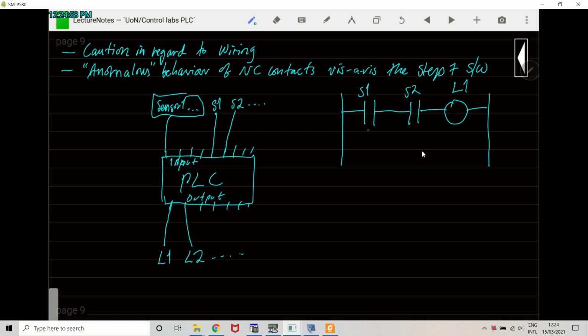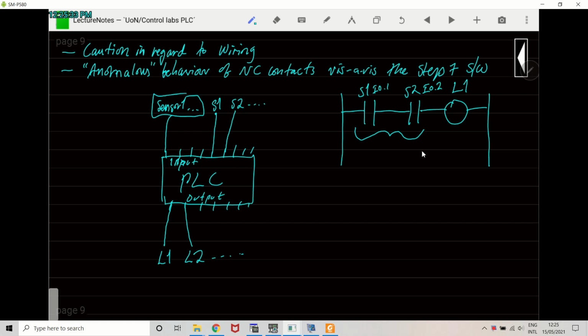In as much as you may see this over here, it may lead you to think that S1 should be connected to S2 somehow, but that should not be. In the outside world, the actual physical switch S1, or the input from the sensor, goes straight to the address of S1, maybe I0.1, and the physical S2 input, the wire from the switch, goes straight to I0 dot whatever it is, maybe 2 or 3.